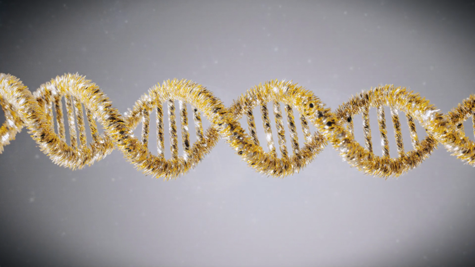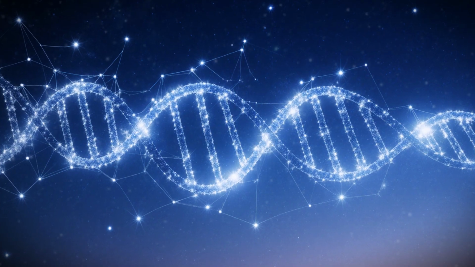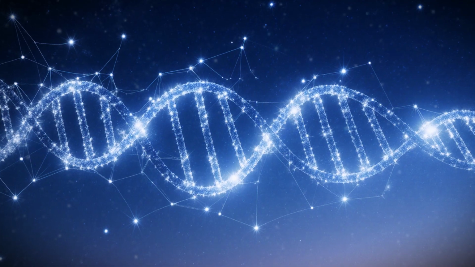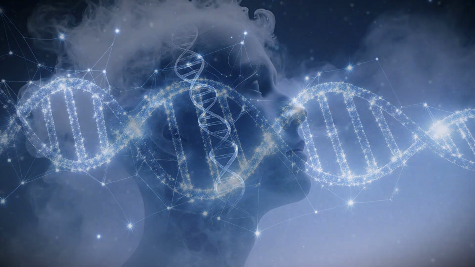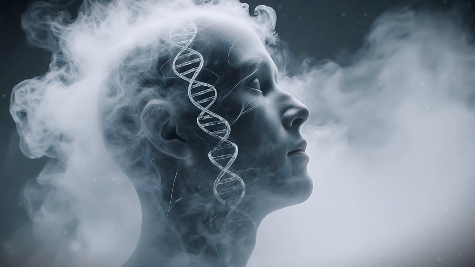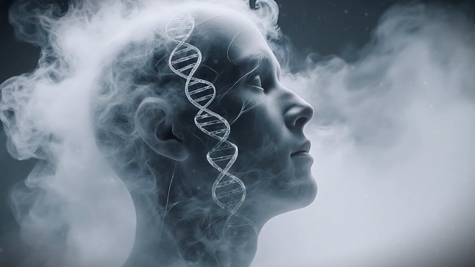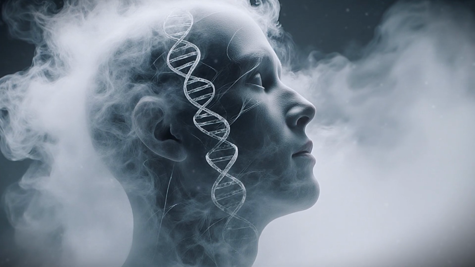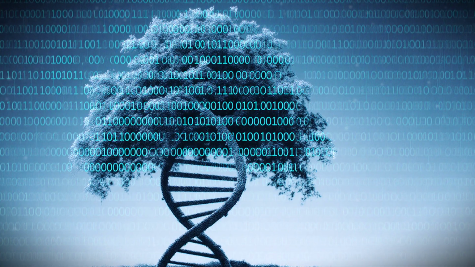The helical structure repeats every 10 base pairs, completing one full turn of the helix approximately every 3.4 nanometers along the long axis. This regular helical geometry creates major and minor grooves spiraling along the outside of the helix, where proteins can access the edges of base pairs without disrupting base pairing.